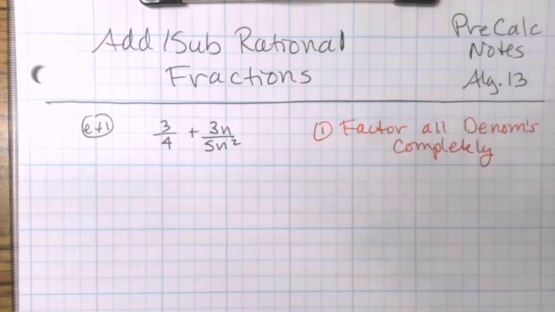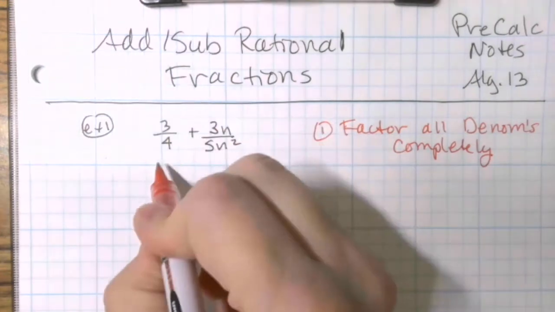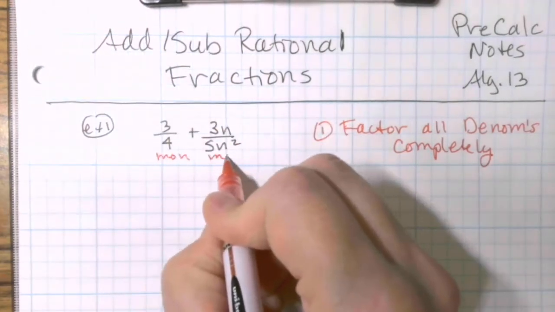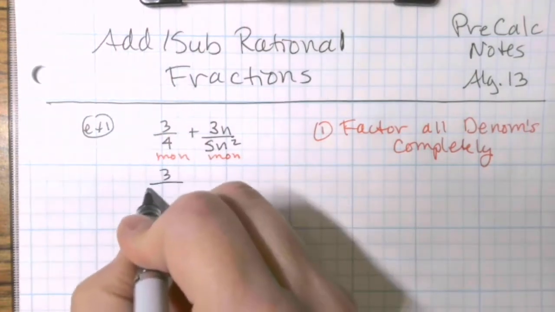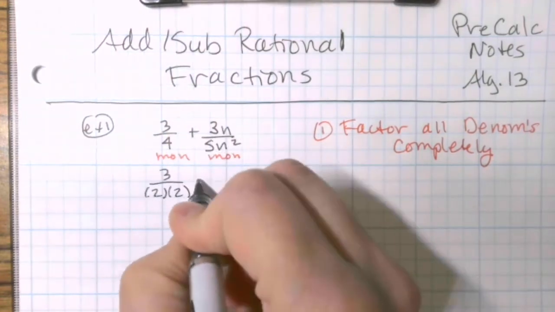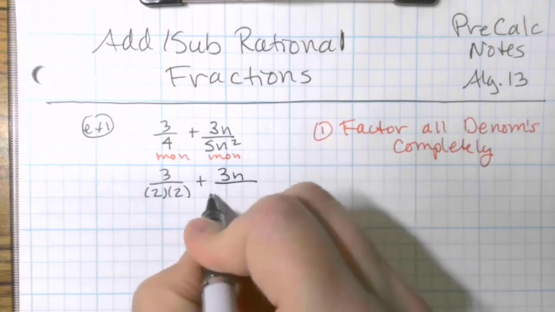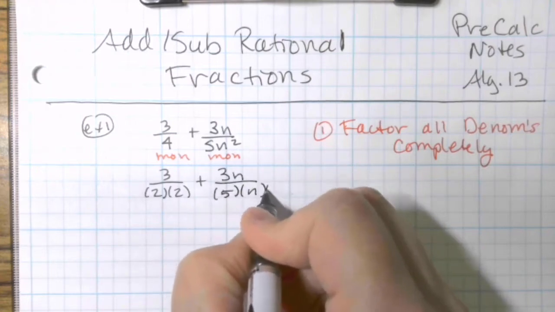That's step 1. These denominators are monomials, so we prime factor monomials. So I have 3 over 2 times 2 plus 3n over 5 times n.